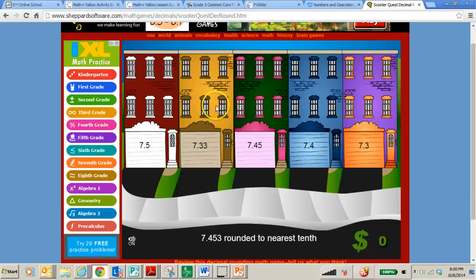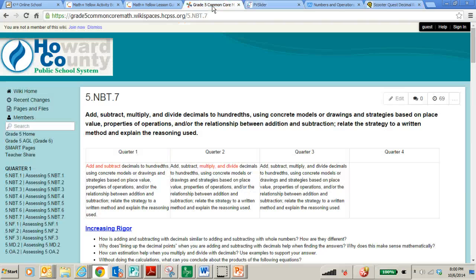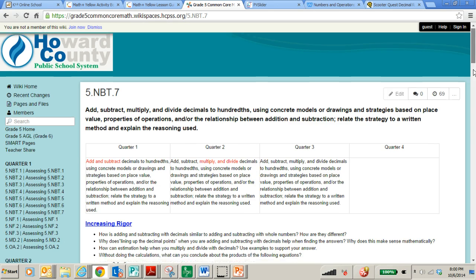There are also lots of online games that help students practice rounding, and also don't forget that the 5th grade math website has some resources, as well as this site that I'm going to include in the newsletter.